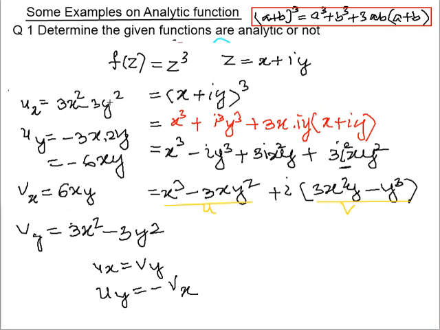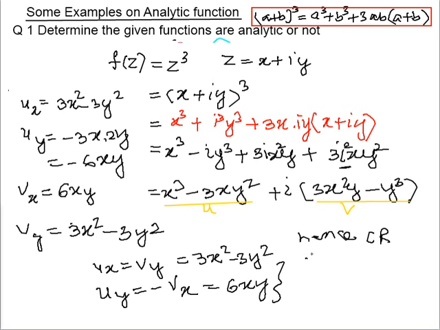So ux is 3x square minus 3y square, vy is also 3x square minus 3y square, uy is minus 6xy and minus vx is plus... minus 6xy, hence they are equal. So the CR equation is satisfied, and we can say this function is an analytic function.